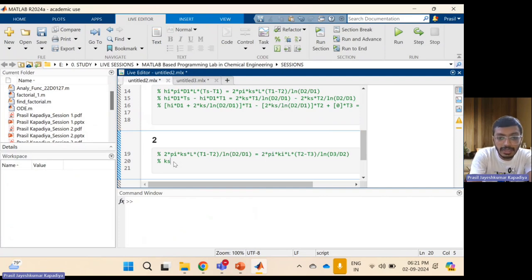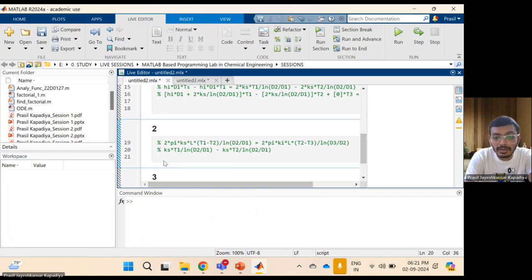So let's just write down Ks into T1 divided by this term, minus same but with T2, so minus T2 is equal to same Ki into L into T2.